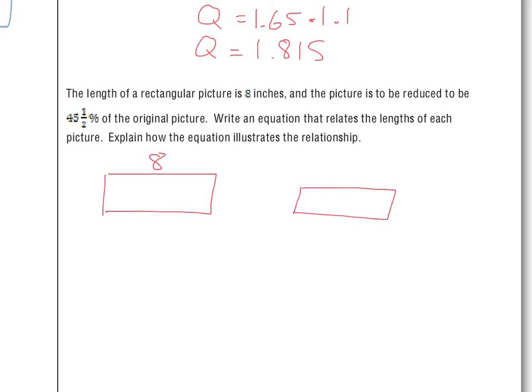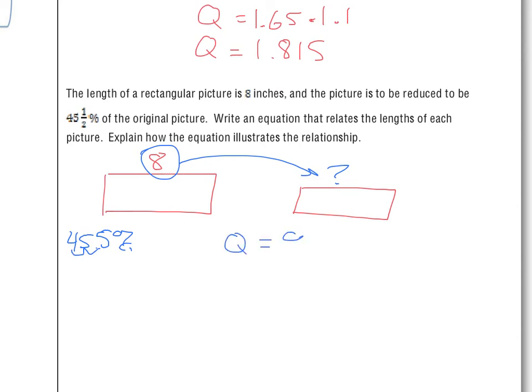This one's actually giving us the scale. This is nice. This is kind of a throwback question to an easier day. We're looking over here. We're trying to determine this unknown value. We know our scale is 45.5%, and I'm going to go ahead and make that a decimal. As a decimal, that's going to be 0.455.